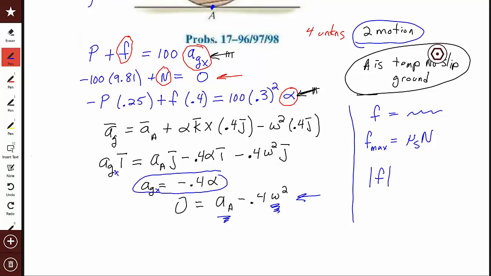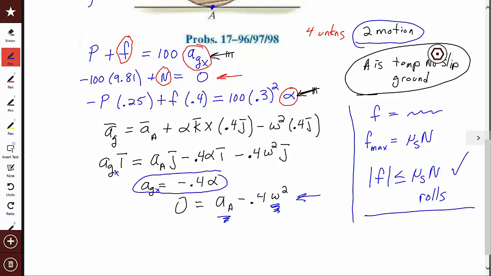So what? You want the magnitude. Is the magnitude of the friction less than or equal to mu s n? If it is, then you're correct. It rolls. If F is greater than mu s n, then you say, aha, I'm wrong, and it slips.